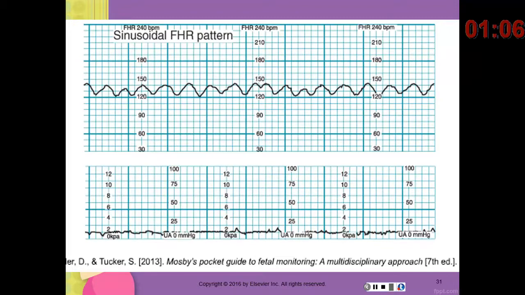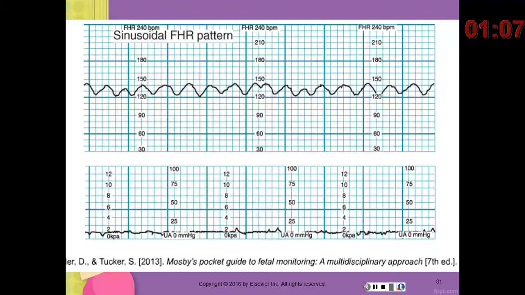So we call this a sinusoidal pattern. It actually is a really bad pattern. We'll see this with severe fetal anemia or fetal sepsis. Okay, sometimes if you give a narcotic, it will look like this, but we know that it's not a true sinusoidal pattern. So it's called, get this, pseudo-sinusoidal fetal heart rate pattern.